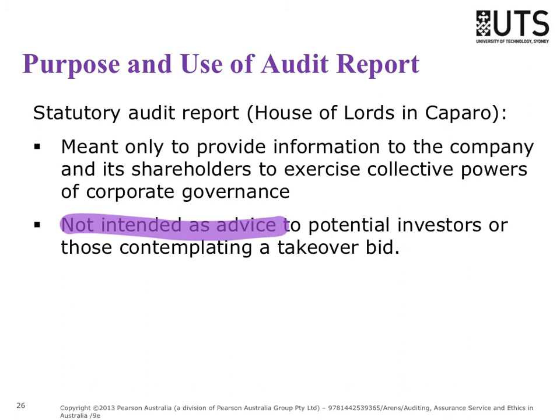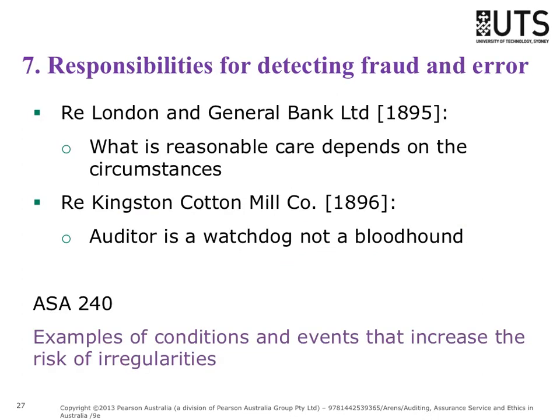So it's not intended as advice to potential investors. It's only intended for those people who are existing shareholders, all right? So what are our responsibilities for detecting fraud? We have an auditing standard down here, ASA 240. It's our standard on fraud, which actually came out of the Pacific Acceptance case.